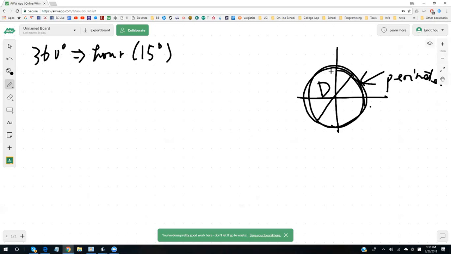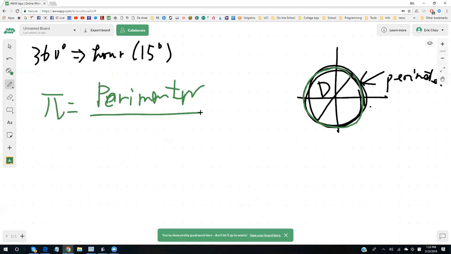So the total length of this circle here, let me use a green color, versus the diameter, we call it pi. Pi equals the perimeter of the circle versus your diameter. That's the ratio between these.